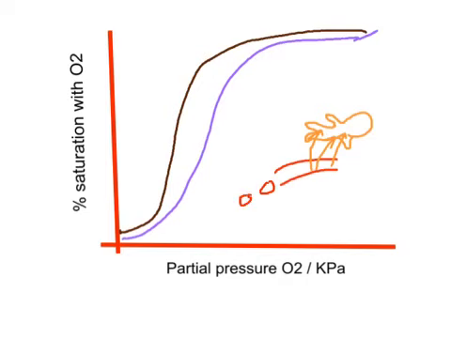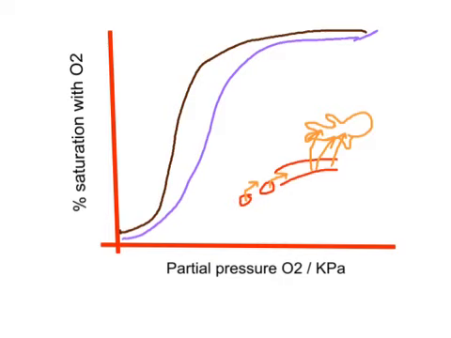So oxygen comes from the red blood cells into the plasma, and that means there's even more oxygen for the baby to pick up. So this causes the graph to shift leftwards and upwards, which means the fetus has a higher affinity to oxygen than the mother does, and therefore the mother can supply the baby, or the fetus, sorry, with oxygen for respiration.